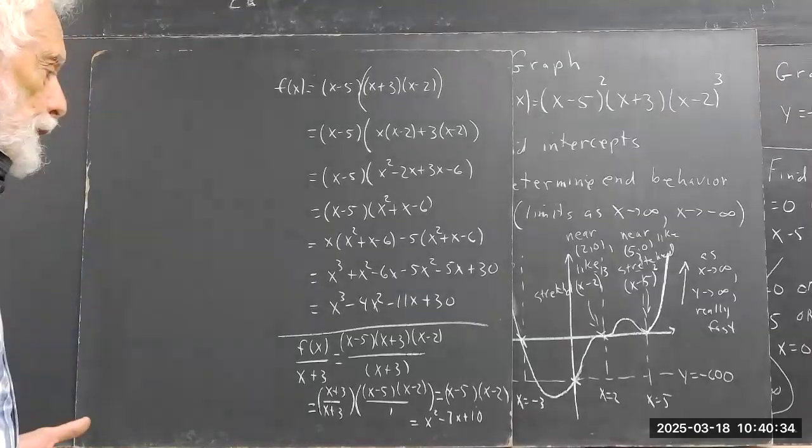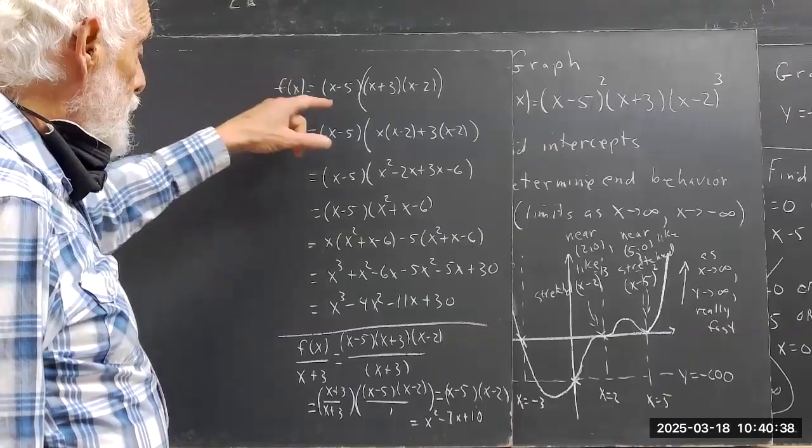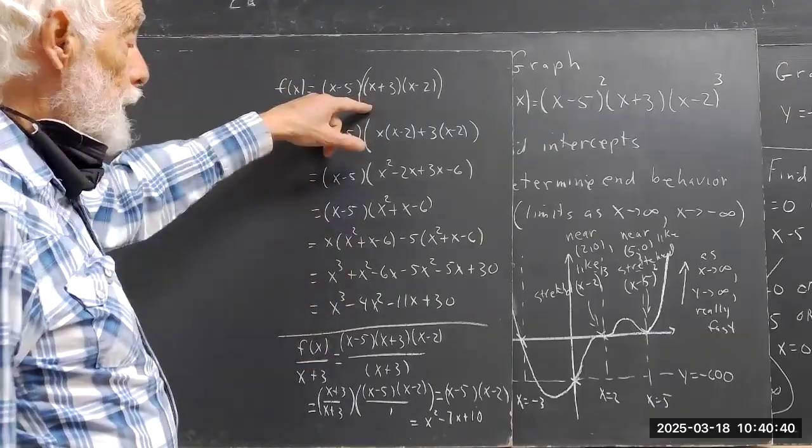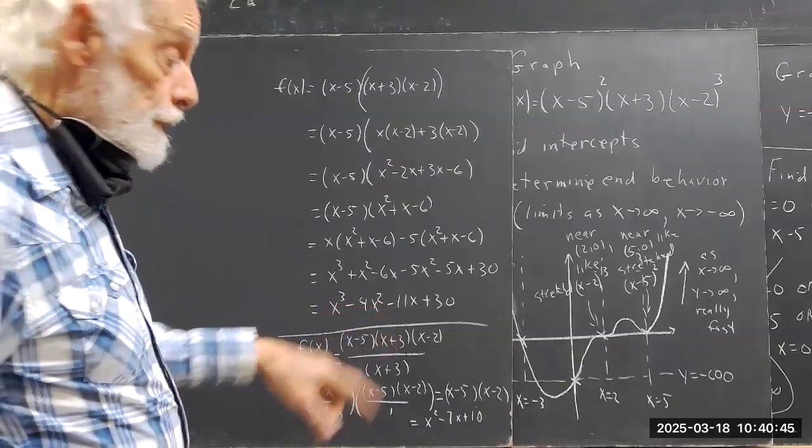Now, what if you didn't know that this thing here factors like this? What if you were given this and asked to factor it?